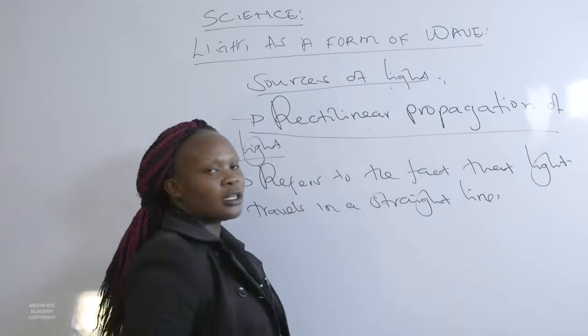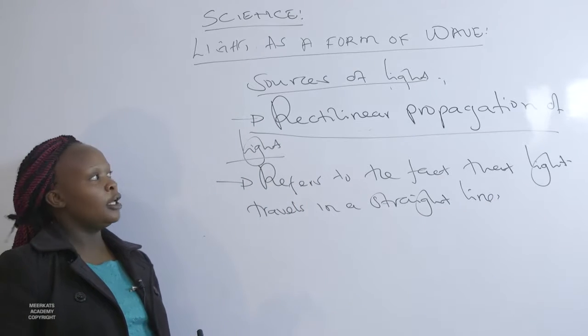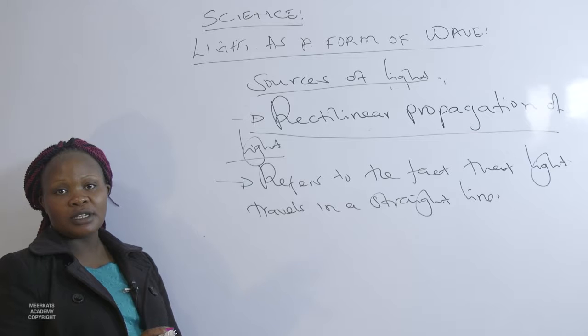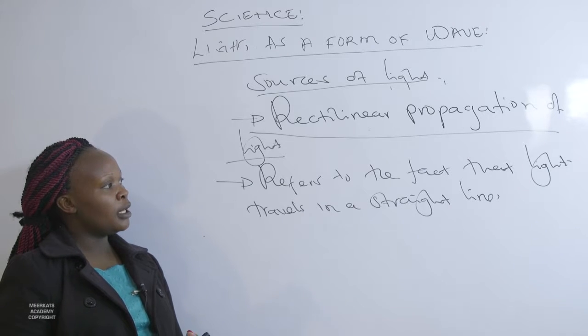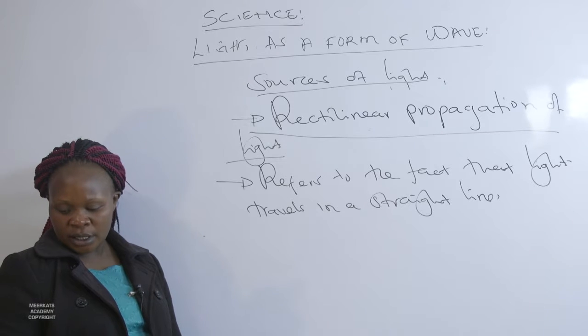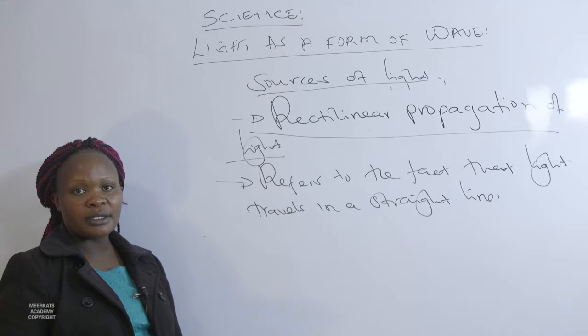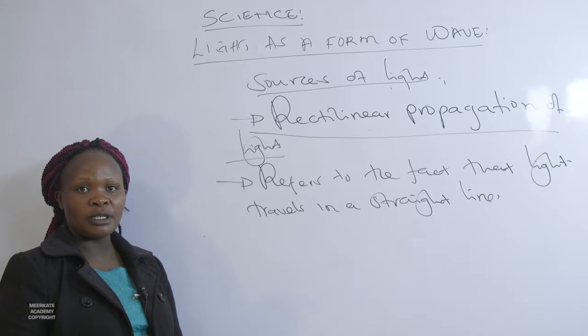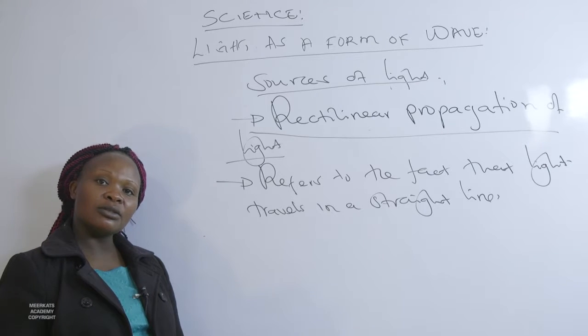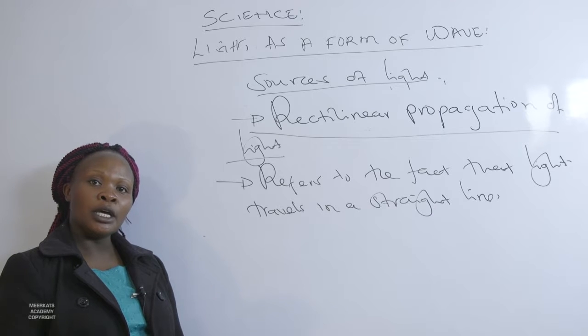Just the mere fact that light travels in a straight line is what we call rectilinear propagation of light. Now, if that be the case, then what happens? Because we have looked at different types of materials, and we have appreciated that there are some materials that will allow light through them.